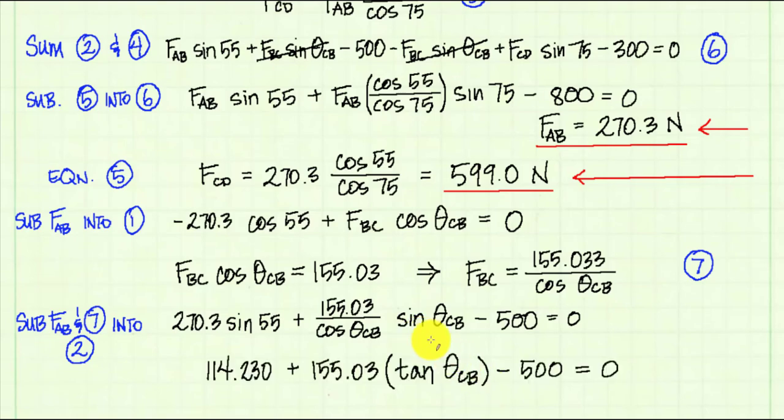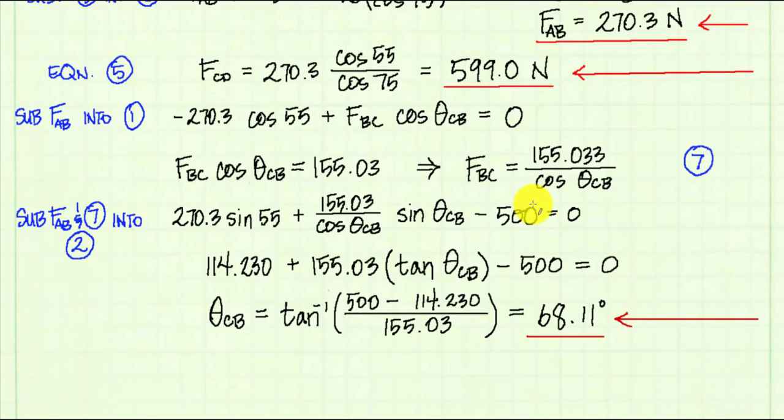Since sine over cosine is the tangent, I can rewrite this term as 155.03 times the tangent of theta CB. Now I can solve for theta CB. I get that it is 68.1 degrees.